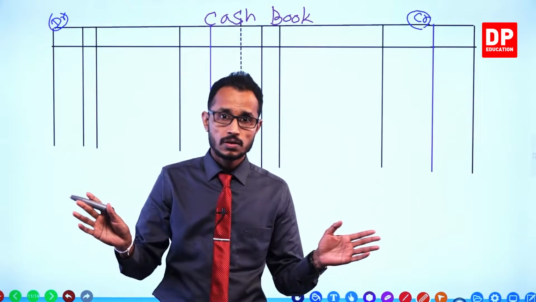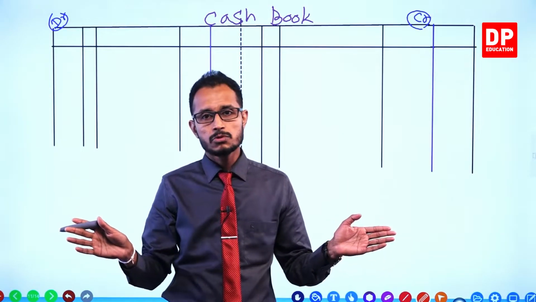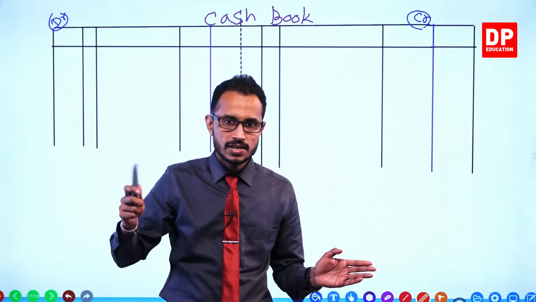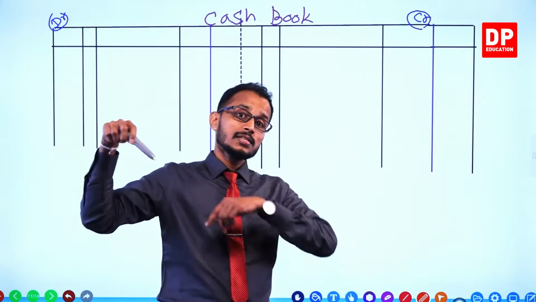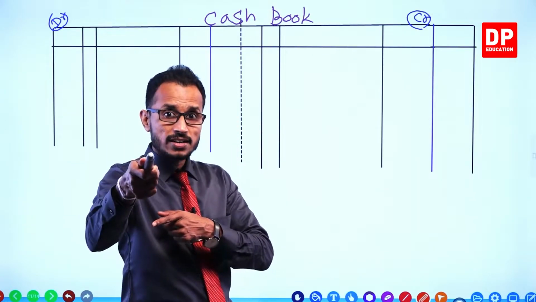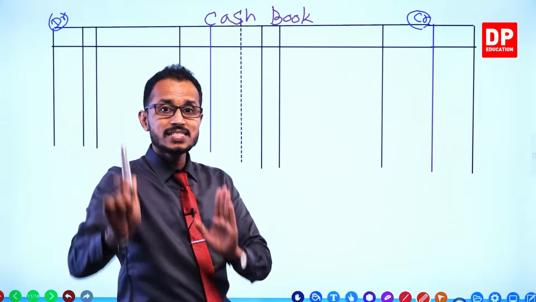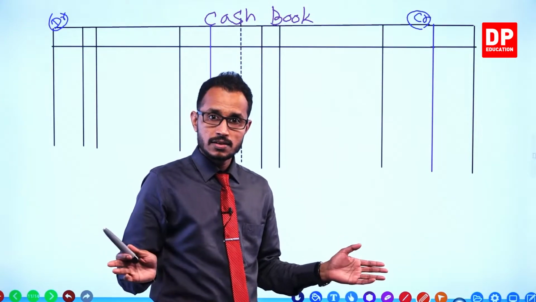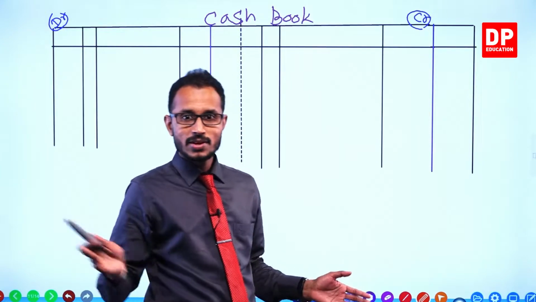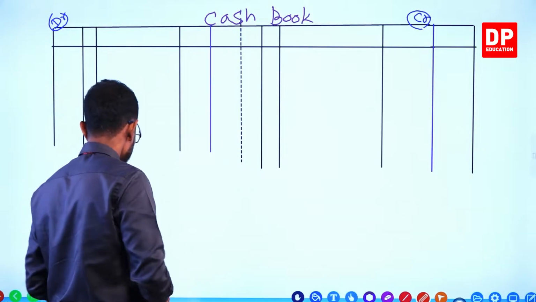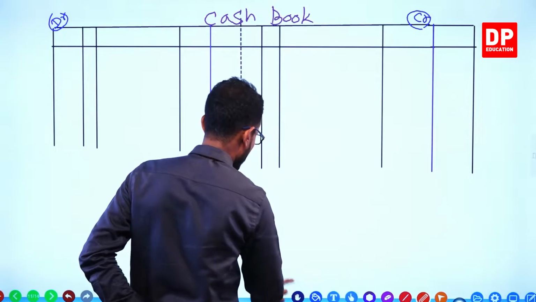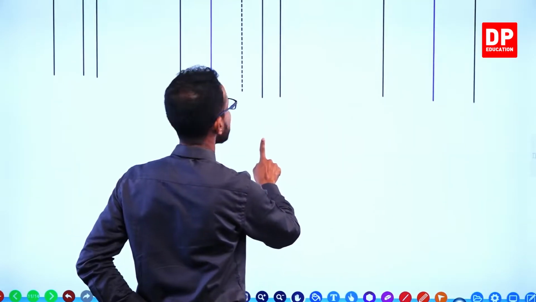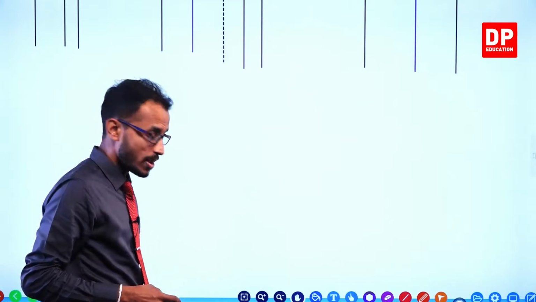We haven't drawn bank books or bank accounts in our earlier sessions, right? But the surprising point is it's the same format. Surprised? Well, no need to be surprised. Cash book and the bank book both have very similar formats, all right?